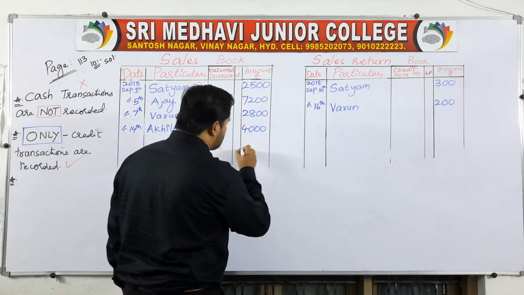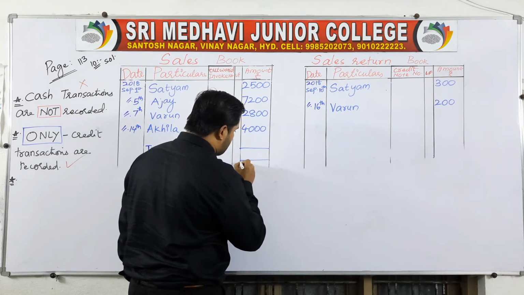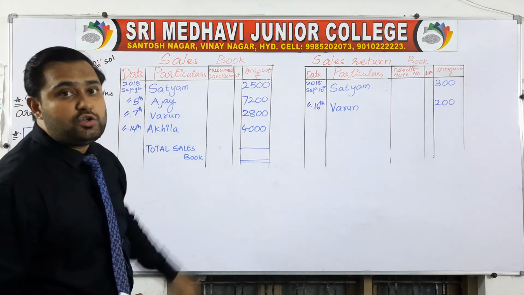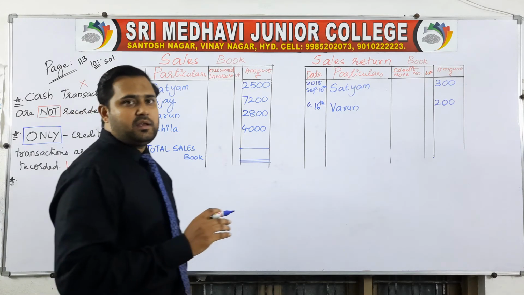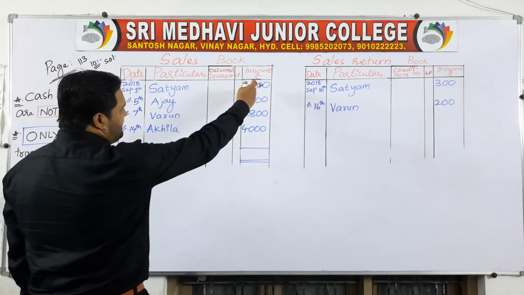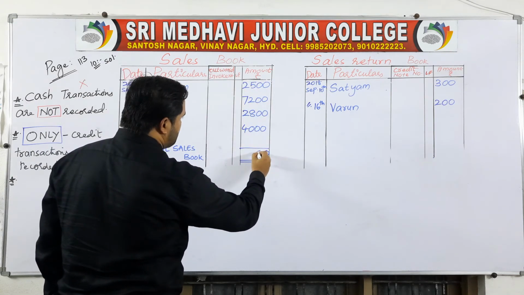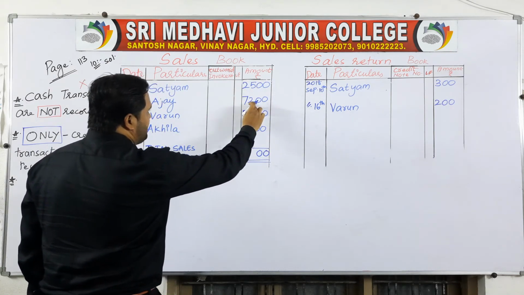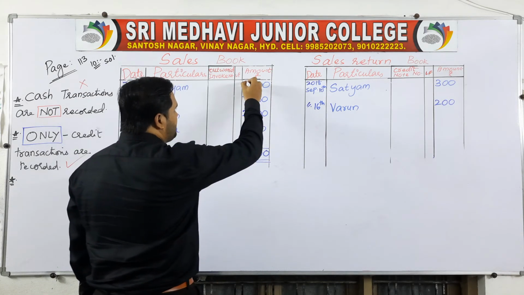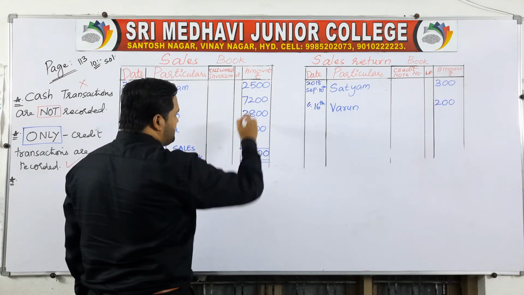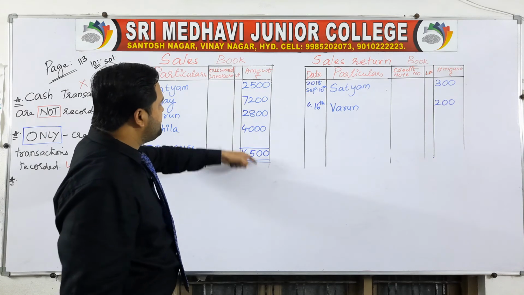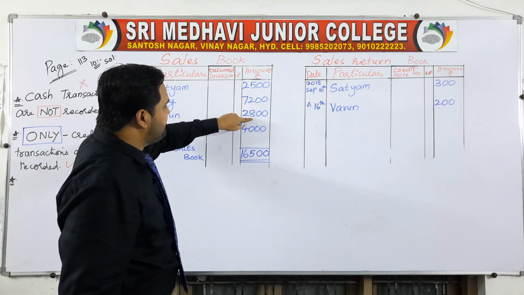Do not use a calculator under any circumstances. 2,500 here. 0, 0, 5 plus 2, 7, 7 plus 8, 15.